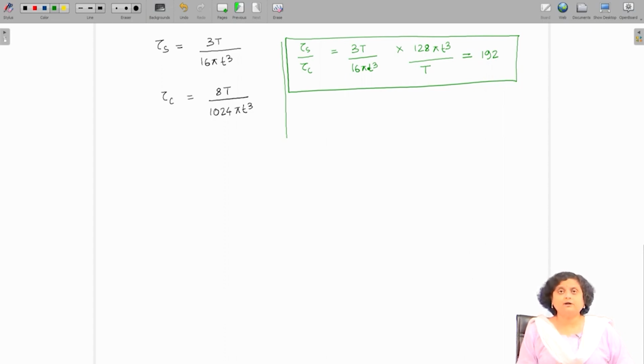So, the moral of this example is that we will always prefer a closed cross section shaft as compared to an open cross section shaft for a structure which is experiencing torsional load. If we are having beams under torsional load, we will always prefer to have the beam with a closed cross section instead of an open cross section.